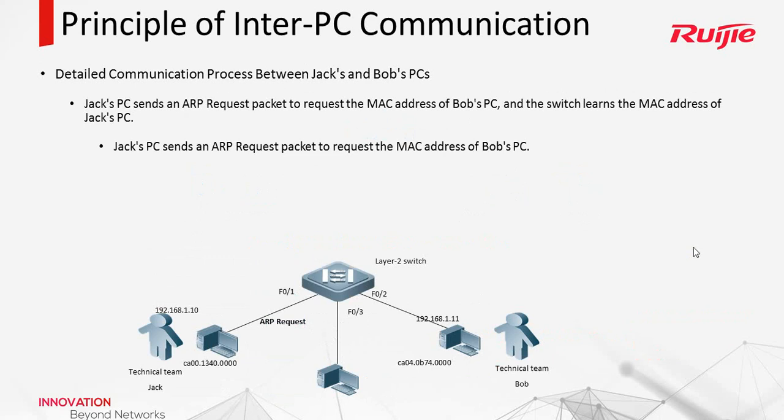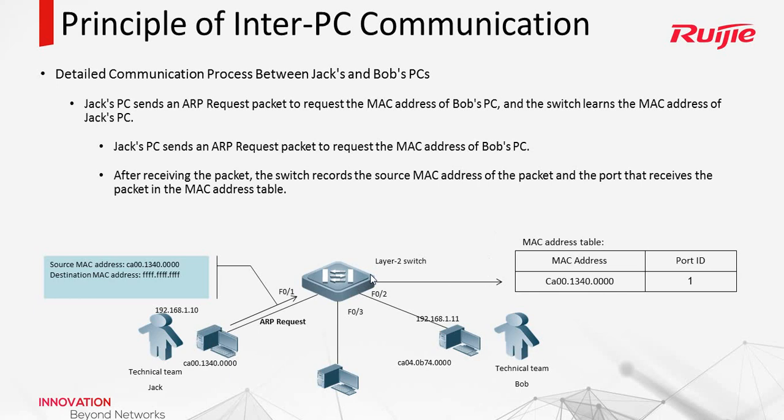So at the beginning, Jack's PC will send an ARP request to Bob's server to ask for Bob's MAC address. We can find that the source MAC address is CA00, but the destination is all F. This is because the ARP request is a broadcast packet.